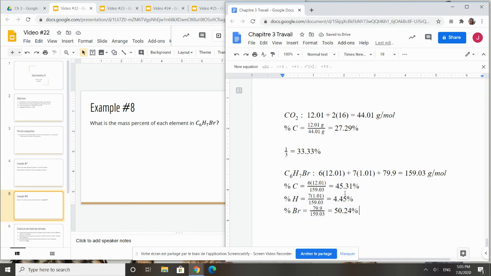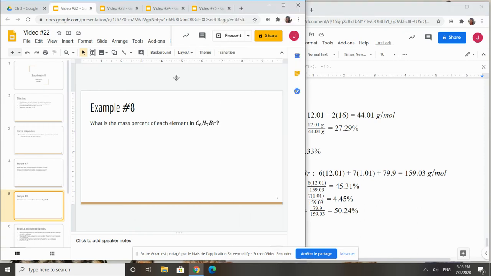So just make sure that whenever you are doing every single atom in a particular compound, they need to add up to 100%.